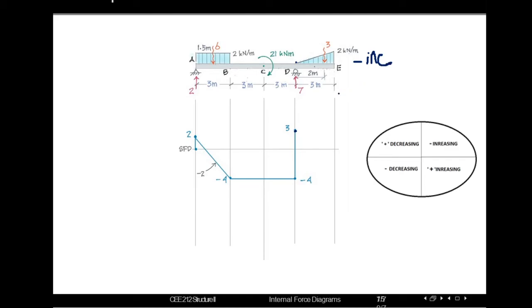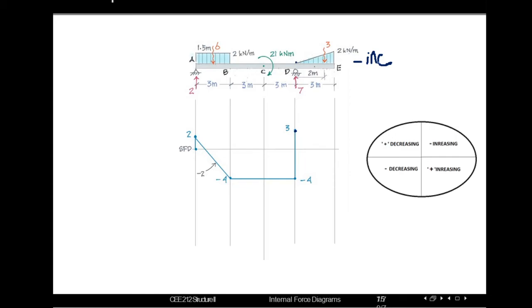Most of you in your exam will face this problem or forget to consider it as negative. But as we know, if the loading is negative, we need to consider it as negative.